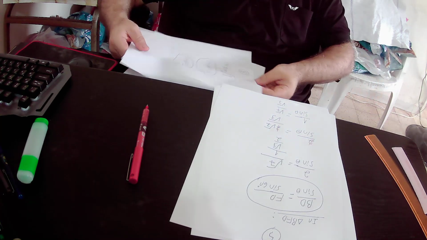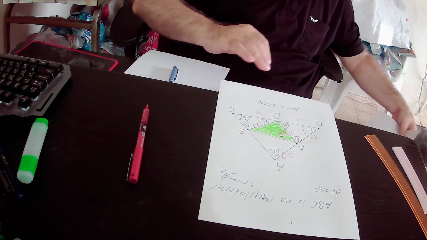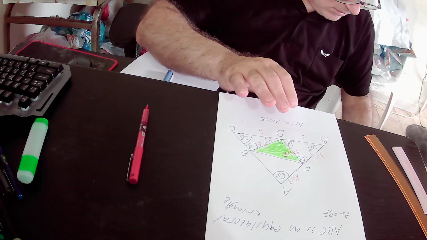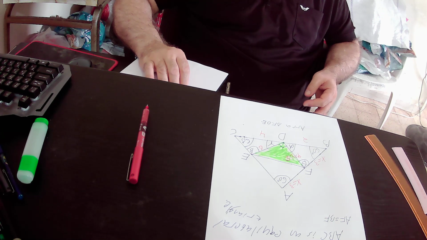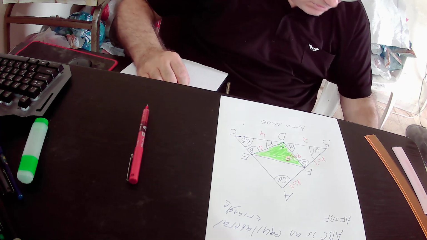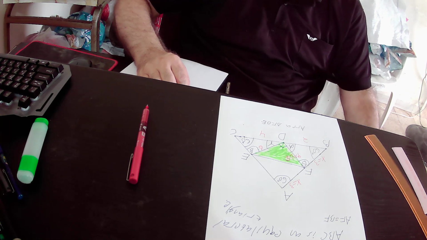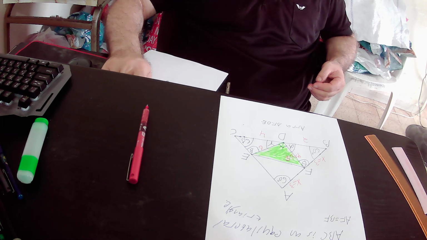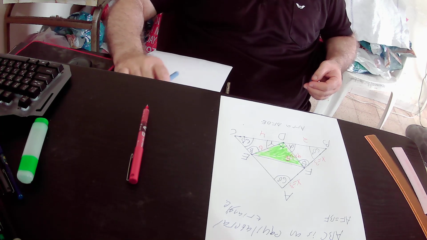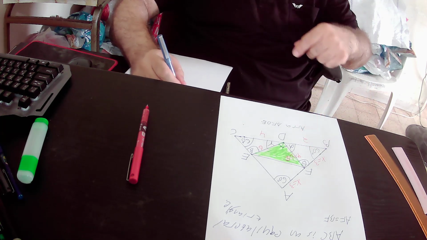In the next step, we actually know that the sum of the angles in any triangle equals 180 degrees, and it is true especially in triangle BFD.